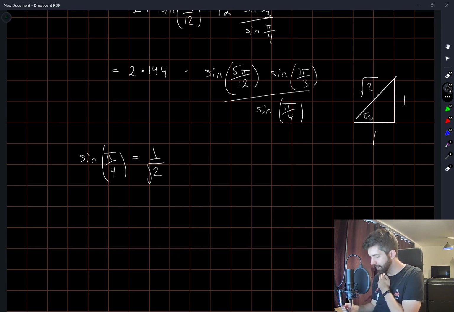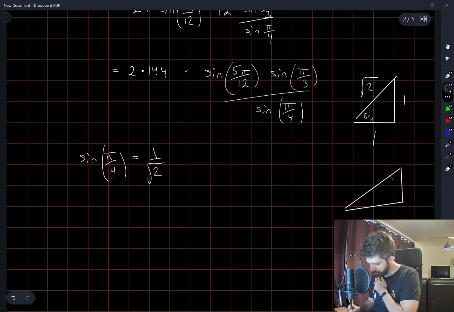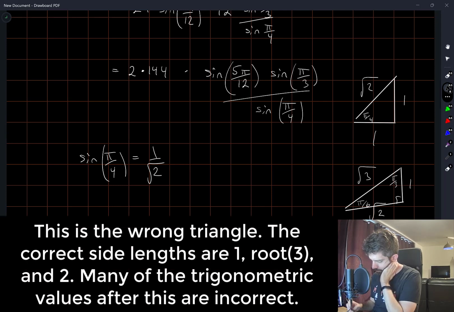Sine pi over 3, I know that it's formed by the 1, root 2, root 3 triangle. So if this is pi over 3, this is pi over 6, how does this work? 1, root 2 and root 3. Oops, yeah. So let me just make sure this works, right? 2 squared is 2 plus 1.